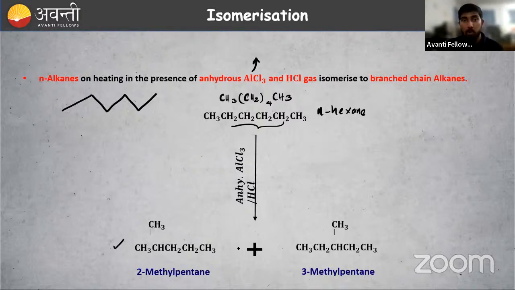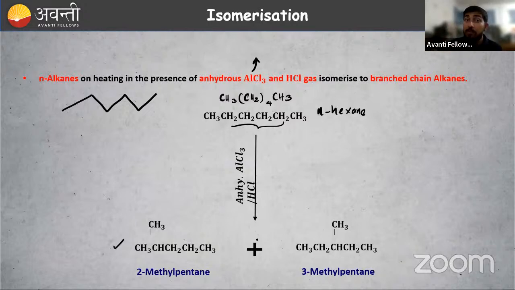Actually, there is a mechanism in the presence of AlCl3. Normal hexane will form a carbocation intermediate. If a carbocation is formed, the stability of the intermediate is very, very important. Suppose a primary carbocation is formed, it will try to change to a tertiary carbocation.